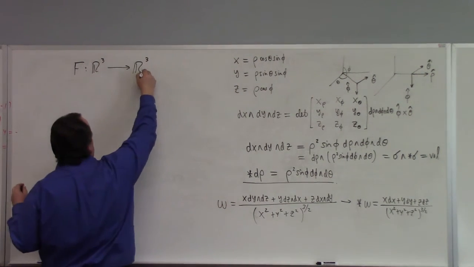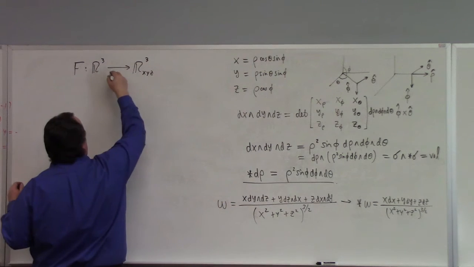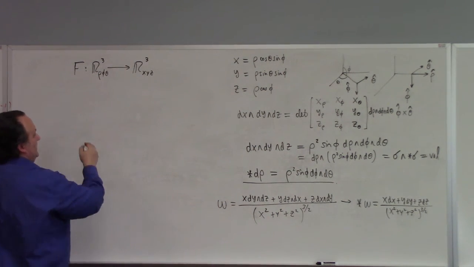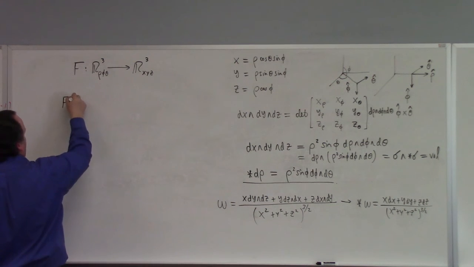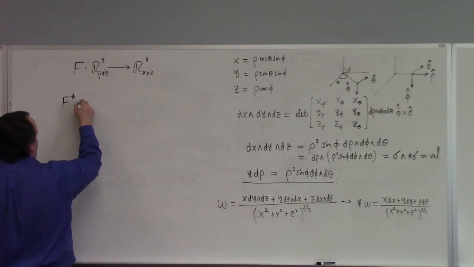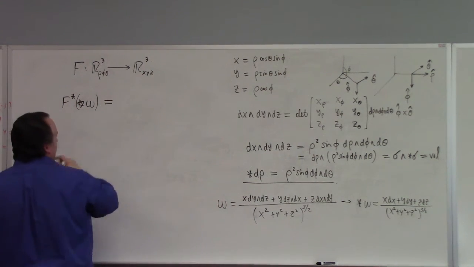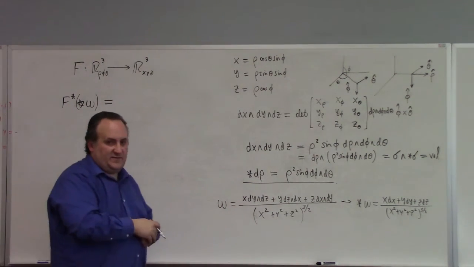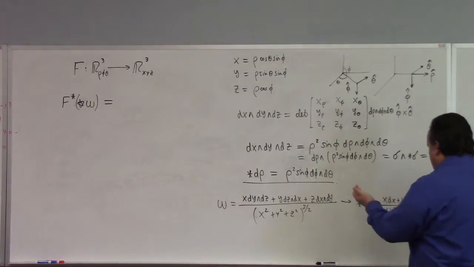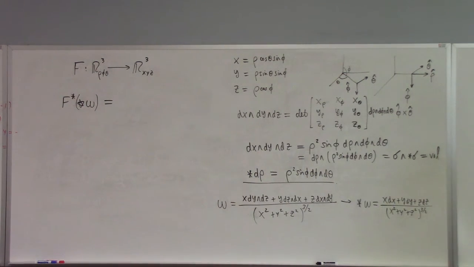So I guess I'm going from X, Y, Z space back to rho, phi, theta space, right? So you guys tell me, what's the pullback under F of the Hodge dual? I'll use a regular star for that if you guys don't mind. Hodge dual of omega. That's just a fancy way of saying, rewrite this in spherical coordinates.